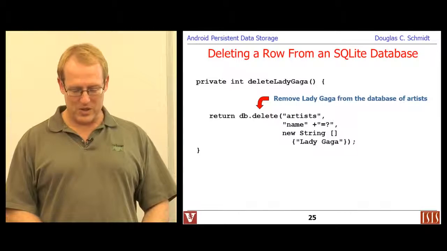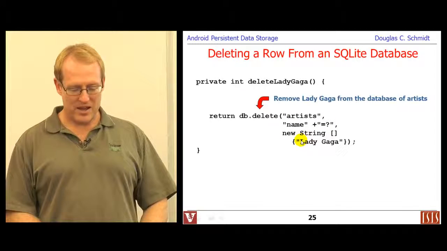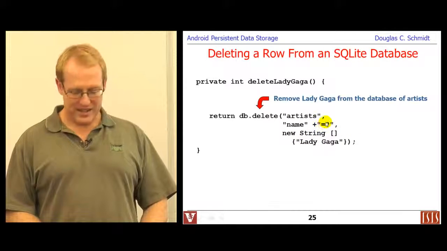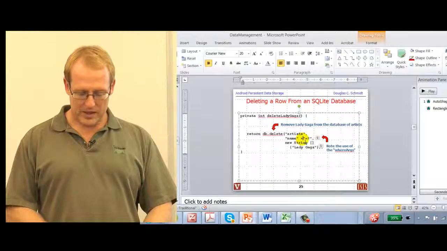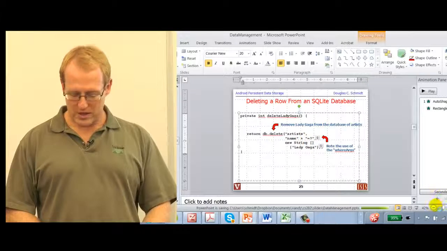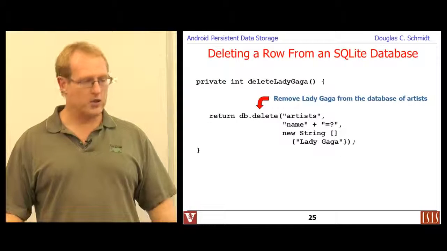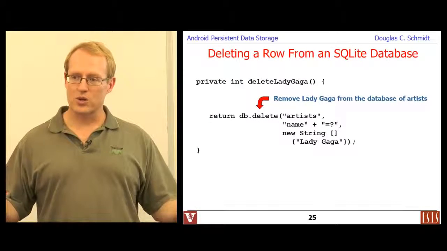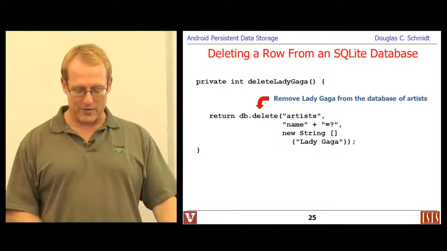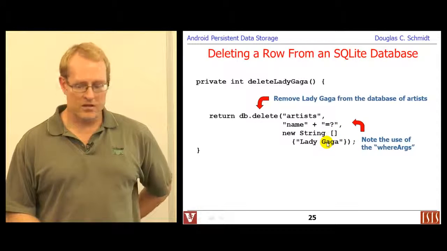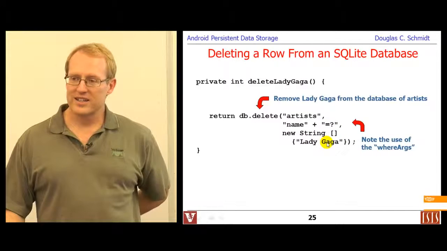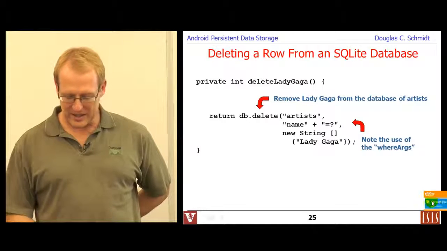And what we're going to do here is look for anybody whose name is Lady Gaga. And the way this works is as follows. You can see here we're going to basically append to the name equals question mark. And question mark is essentially a placeholder, and that gets replaced with whatever we pass in here. So in this particular case, we're going to pass in Lady Gaga, and this is basically the use of the where args. So we can come along and delete these kinds of things.